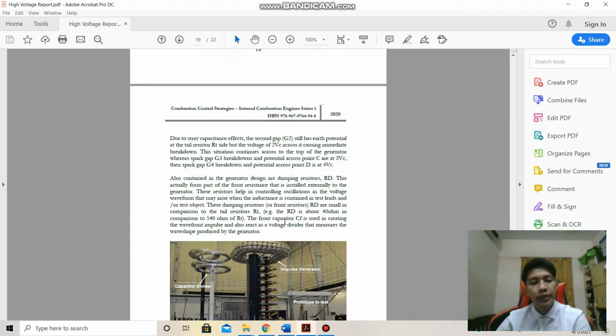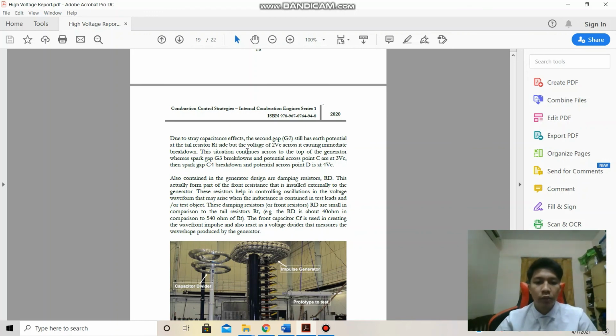And then the second gap still has a potential at the tail resistor side, but the voltage of V to 2V across it causes immediate breakdown.